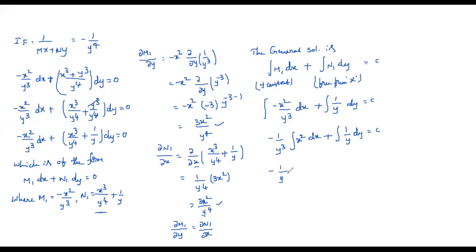Minus 1 by y cube, and x square integration is x cube by 3, plus log y is equal to c. Therefore the general solution of the given differential equation is minus x cube by 3y cube plus log y is equal to c.